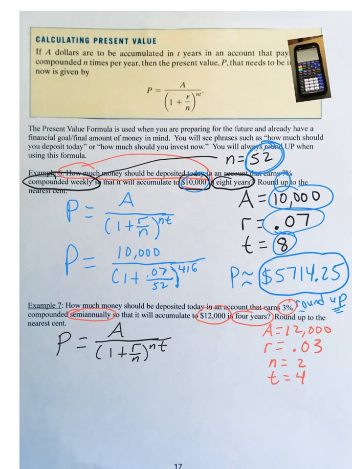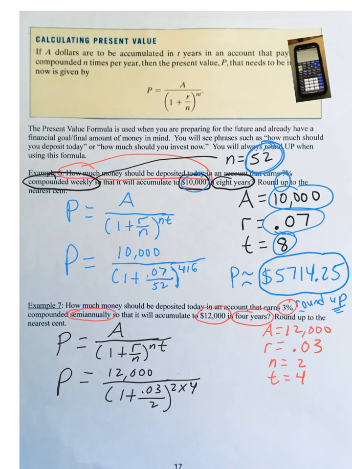So now we know what to plug in. Let's go ahead and plug them on in. So P equals A is 12,000 divided by left parenthesis 1 plus R is 0.03 over N is 2. Close the parentheses. The exponent is another N, so 2 times the T is 4.